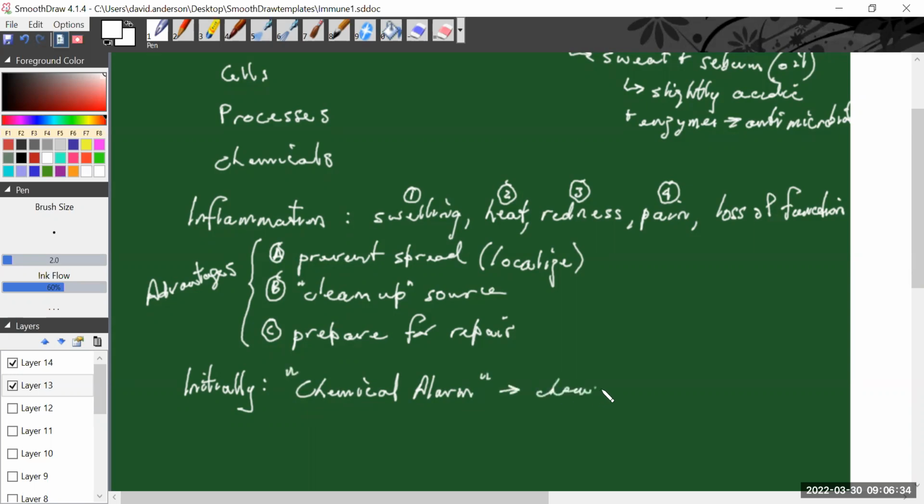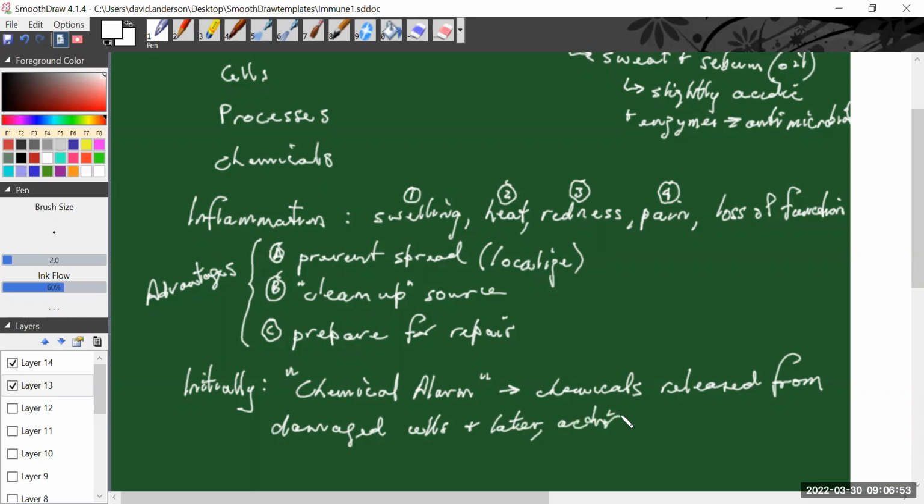Chemicals released from damaged cells and later activated white blood cells. So the chemical alarm will be released from damaged cells. So the cell membranes will release chemicals.